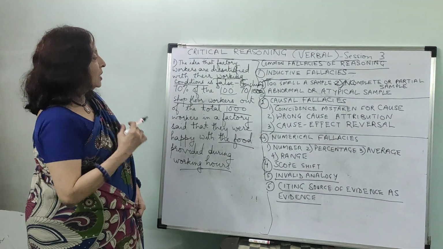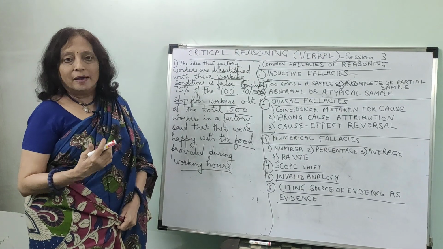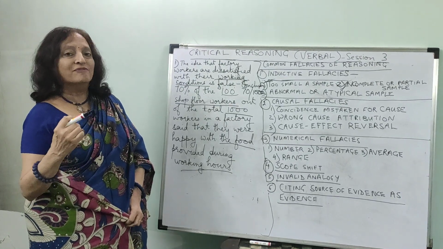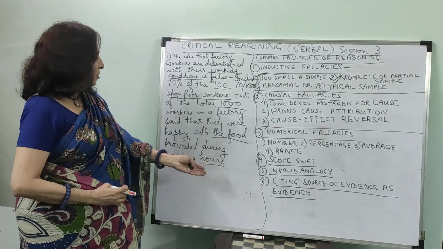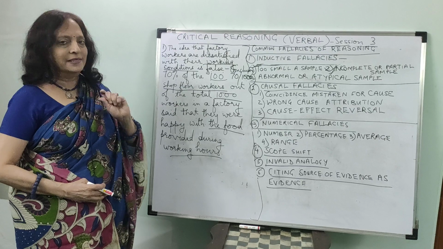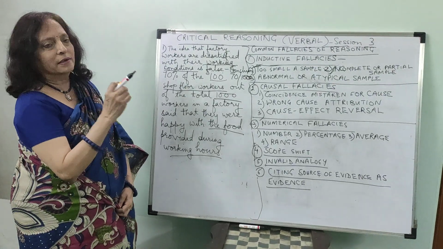So these are also other factors that are part of working conditions. Maybe there is harassment by their bosses, or maybe they have to work double shifts for just 1.5 shift pay. So none of them have been included. Just the food provided during working hours is satisfactory, is what they are saying. So this is called inductive fallacies.